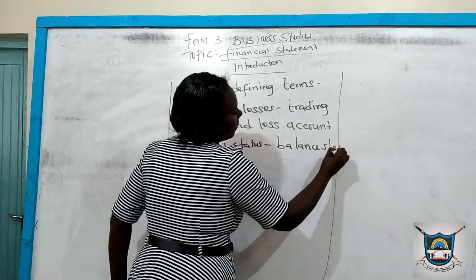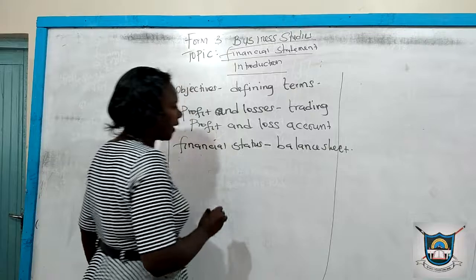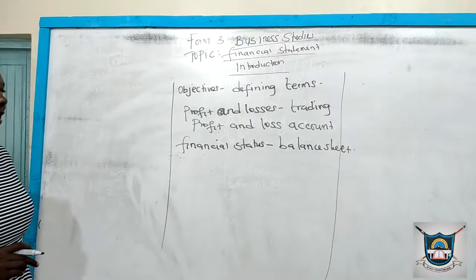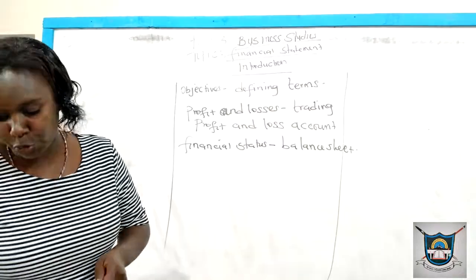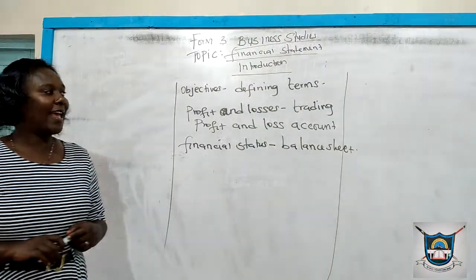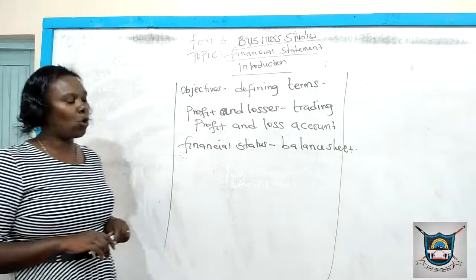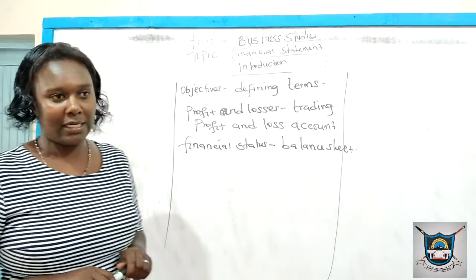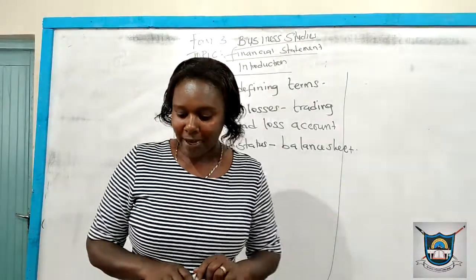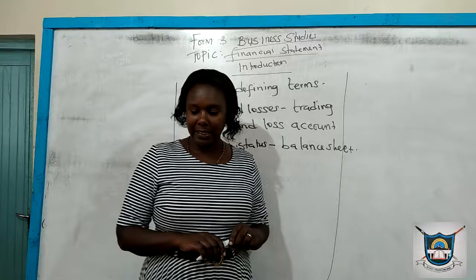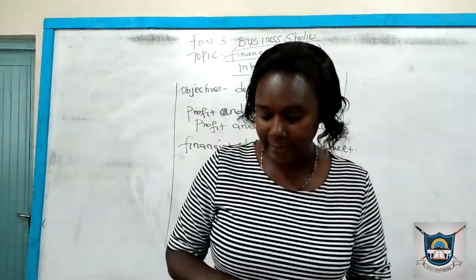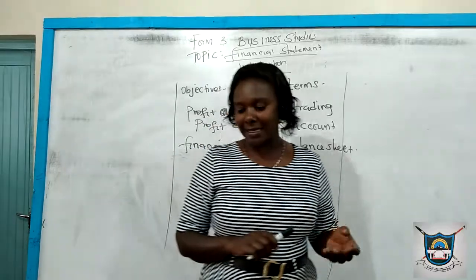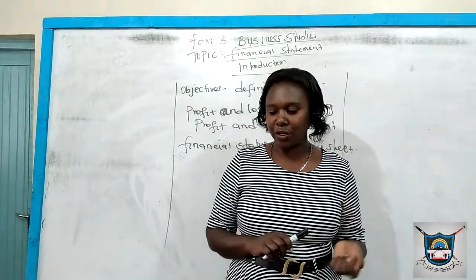This one, we met it in a previous topic where we were preparing a balance sheet. Now, for you to be able to prepare that, every business has its own accounting period. The accounting period helps the business to determine its performance at a certain period of time.